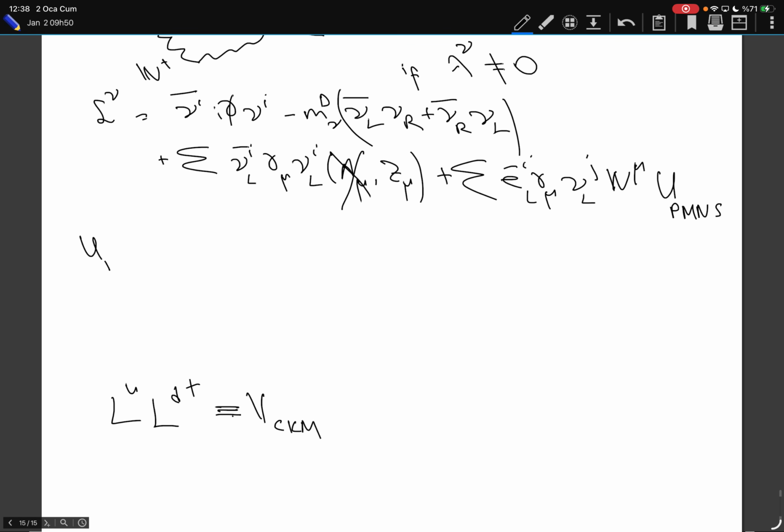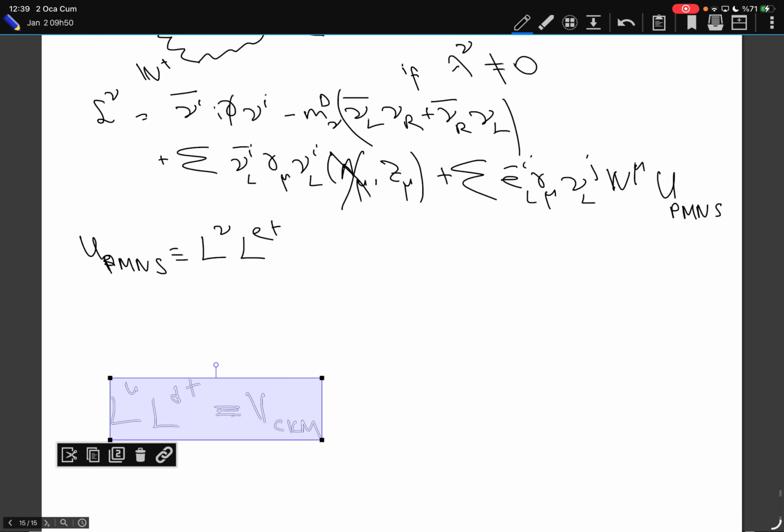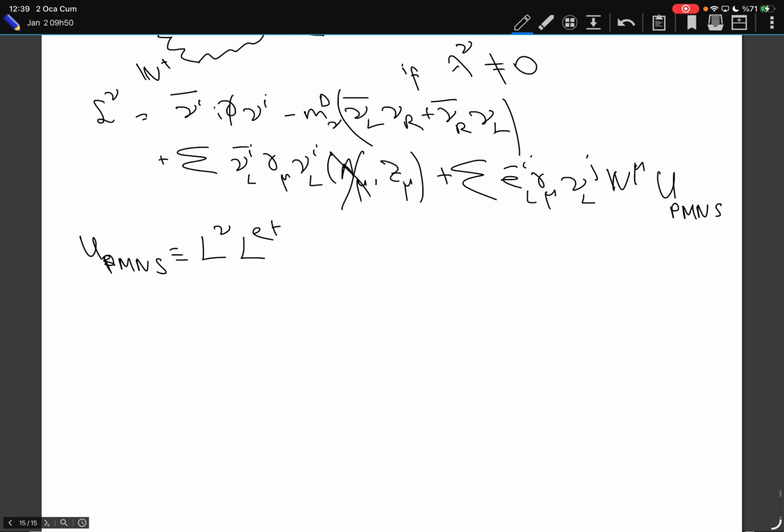This U_PMNS matrix is defined as L_nu times L_E dagger. This is the definition. Well, if neutrinos were massless, I could have chosen L_nu to be equal to L_E. This would be just the identity matrix. But it turns out that it cannot be the identity matrix.